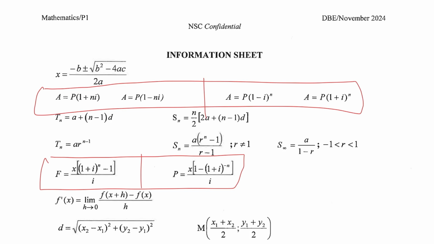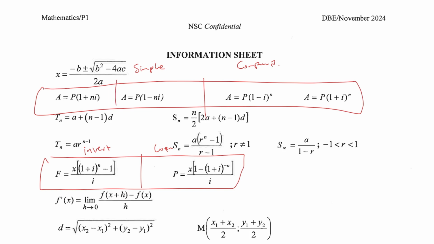When you're looking at these formulas, this is simple, this is compound. This is investment, this is a loan. So that's basically what you need to know: simple, compound, investment, loan.